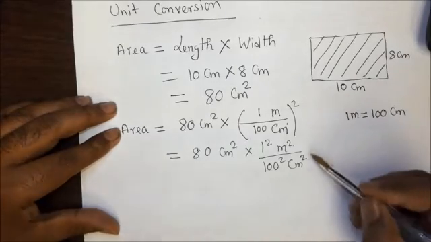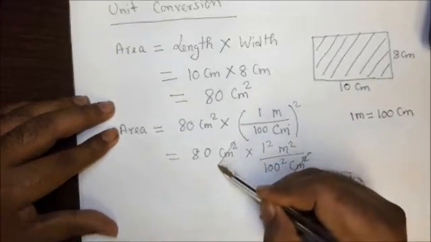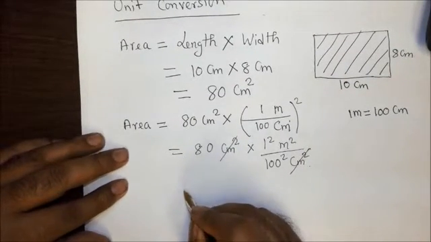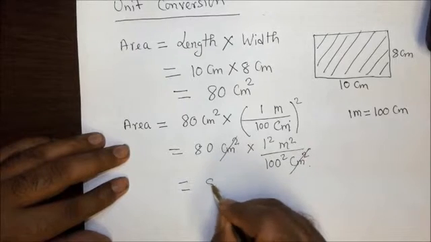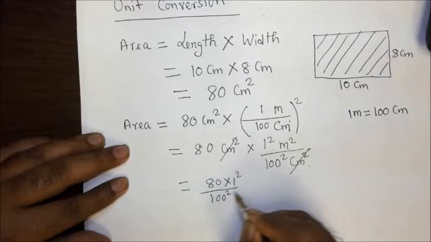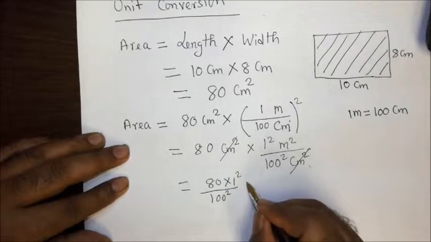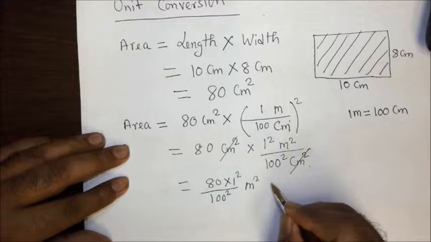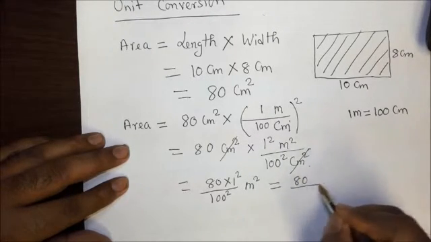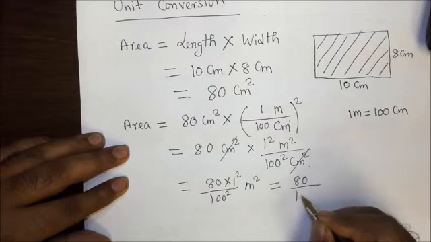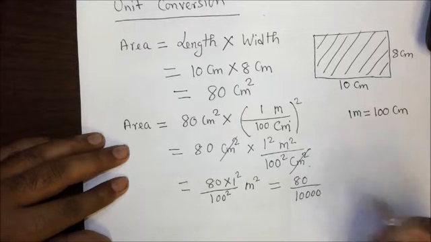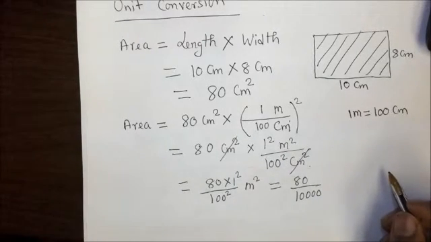Okay? Now you can see that centimeter square and centimeter square can cancel out. And what is left is 80 times 1 square over 100 square and meter square. Okay, 1 square means 1, so it is 80 over 100 square, which is 10,000, 100 times 100.